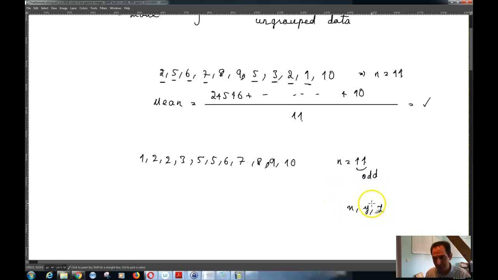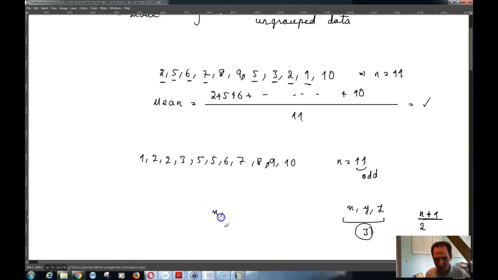Since the number of observations is an odd number, 3 in this case, then n plus 1 divided by 2 gives 4 divided by 2, which is 2.